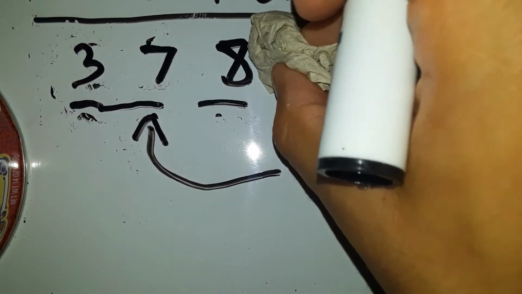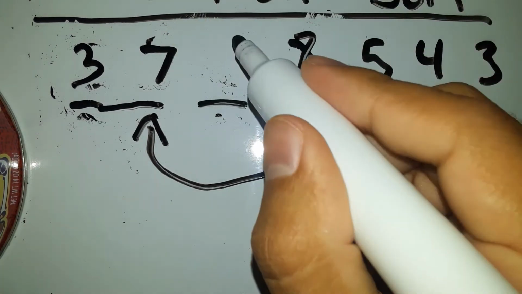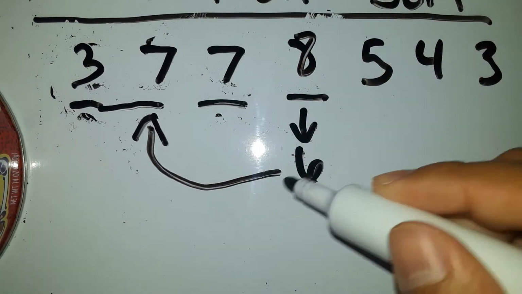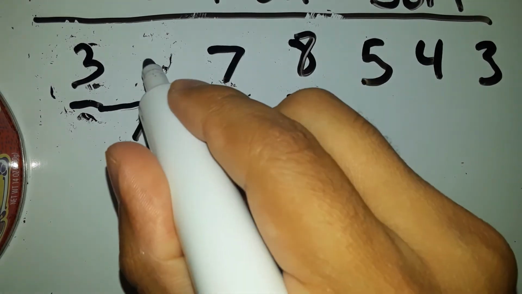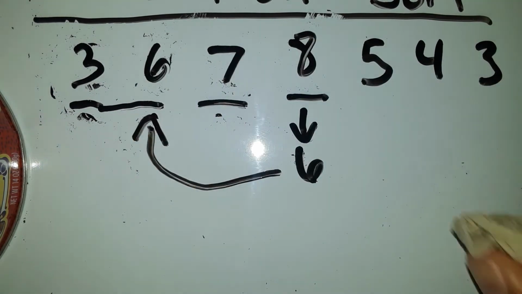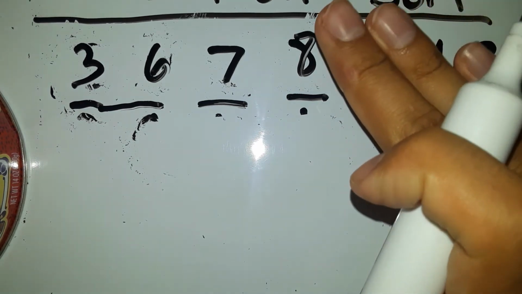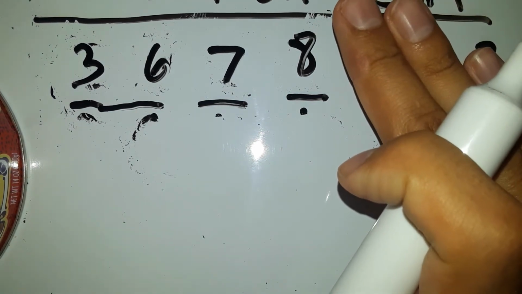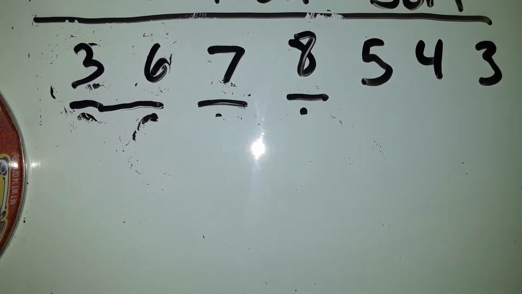Let's go ahead and do that. So 8 comes here, then the 7 is going to go here, and then the 6 is going to go ahead and take this spot. And again, let's go ahead and check our work. For the context of the items we have visited, we have 3, 6, 7, and 8. That is in correct order.